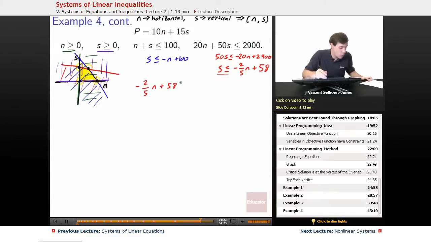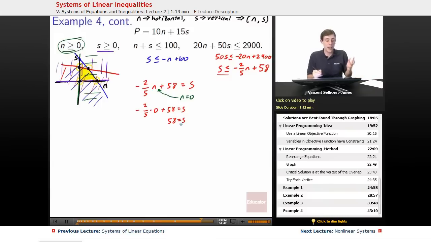Since we're only dealing with lines here, we can treat N greater than or equal to 0 as N equals 0. So we plug that in: -2/5 times 0 plus 58 equals S. So 58 S and N of 0. The point that we get out of this is going to be N 0, S 58. So 0, 58 is one of our points so far.